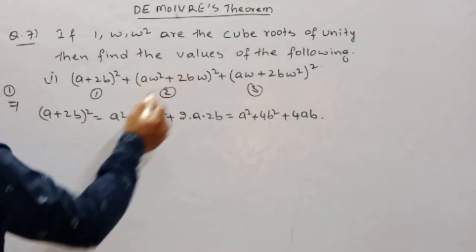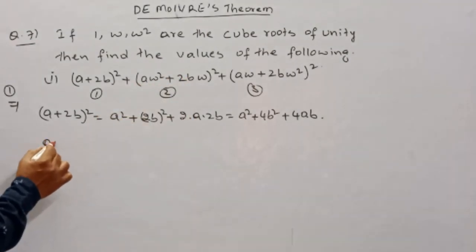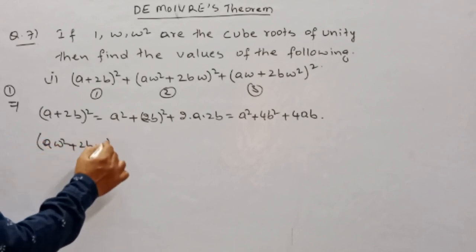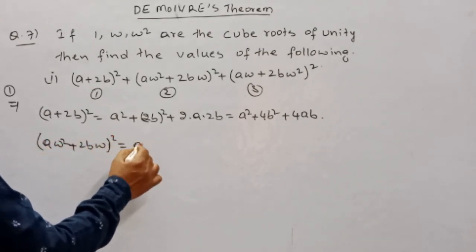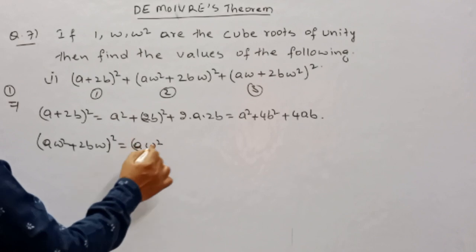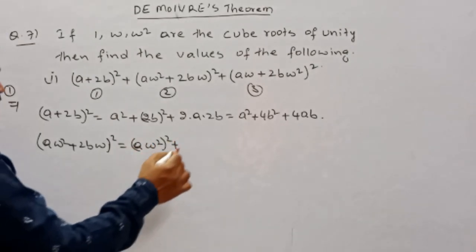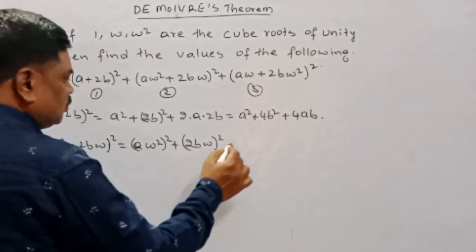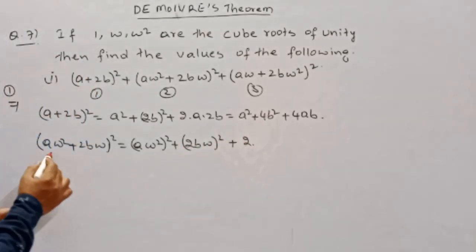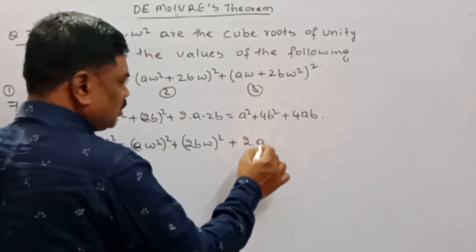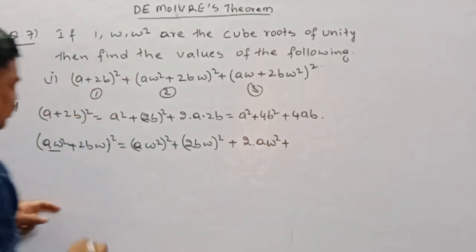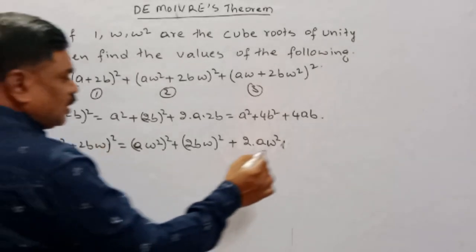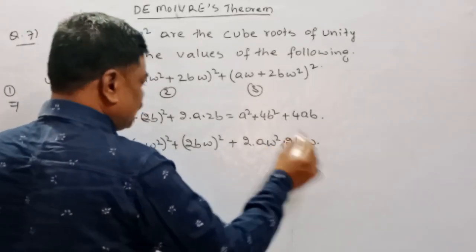So you take this one here: (a omega square + 2b omega) whole square is equal to (a omega square) whole square plus (2b omega) whole square plus 2 into a omega square into 2b omega.